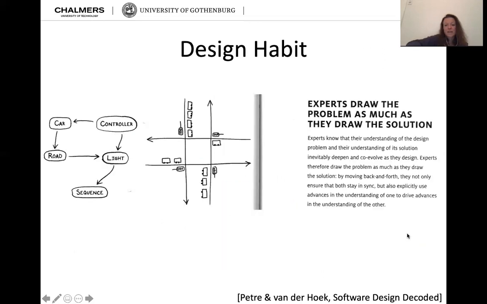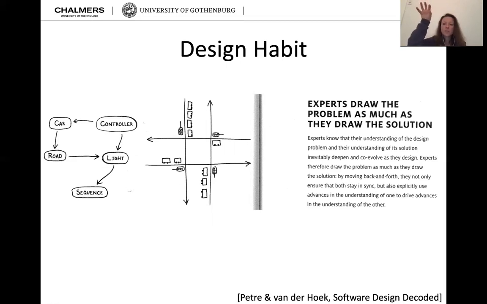Which brings us back to the design habit. So, little reminder, experts draw the problem as much as they draw the solution. You now know that while we are analyzing the problem, by drawing elements in a use case overview diagram, we are already taking some design decisions.